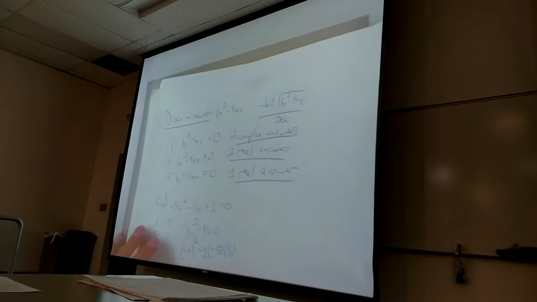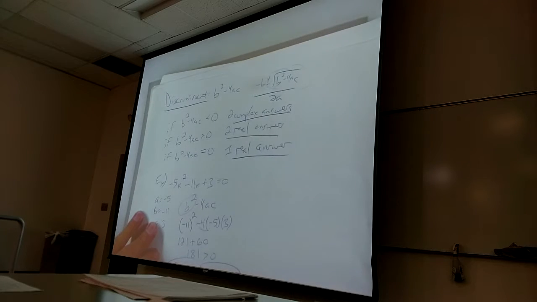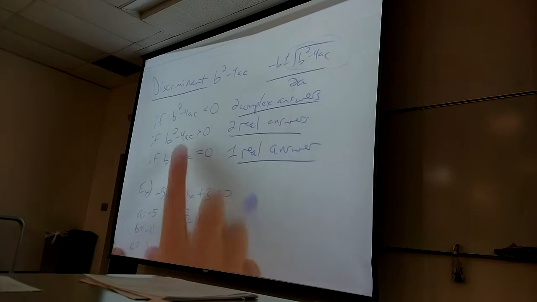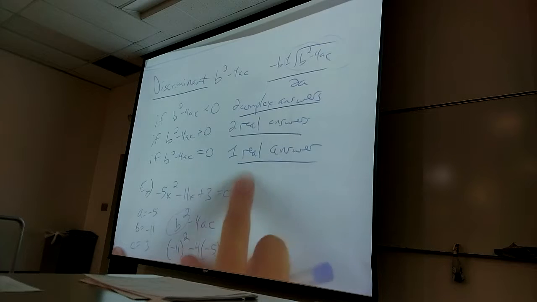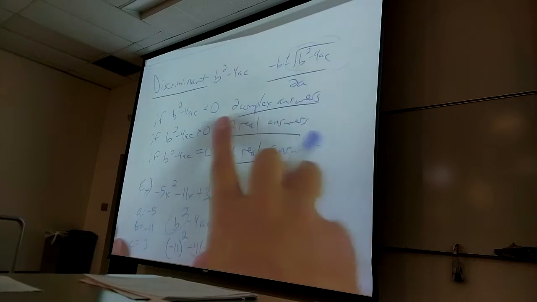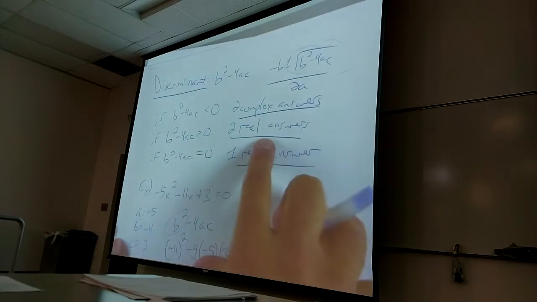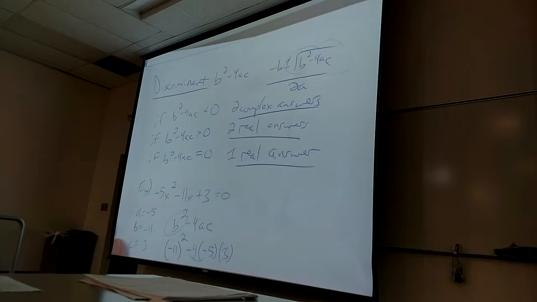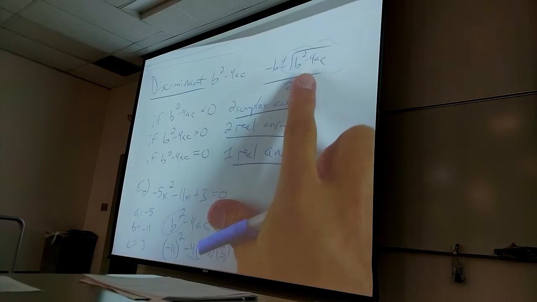I want to remind you about this. I put this up here a while back. We talked about the discriminant before. So guys, when I ask you to tell me what kind of answers some quadratic equation is going to have, I don't want the answers.